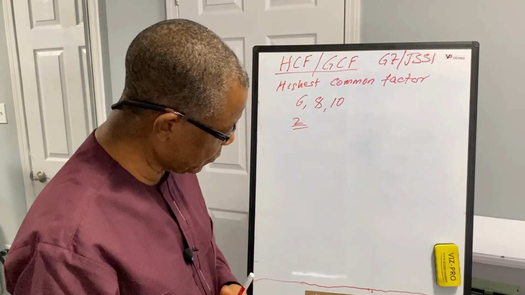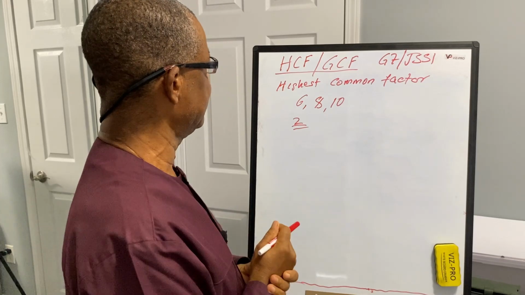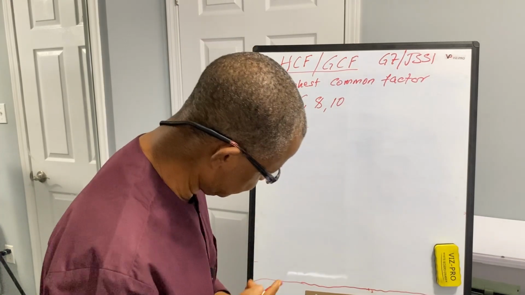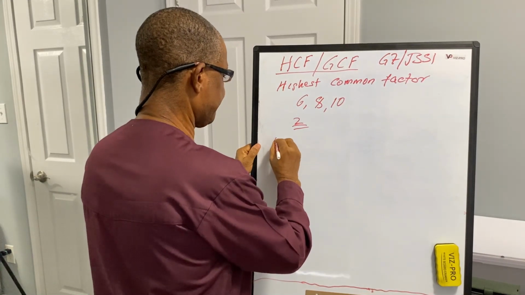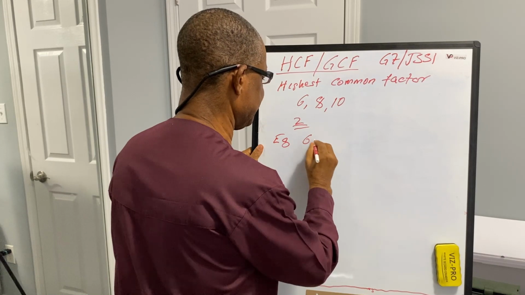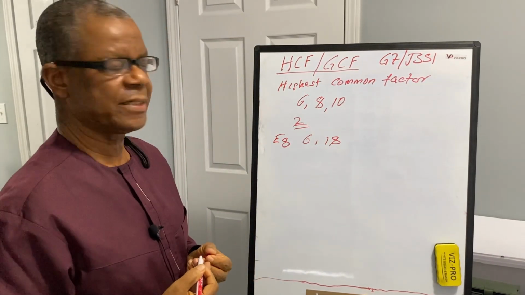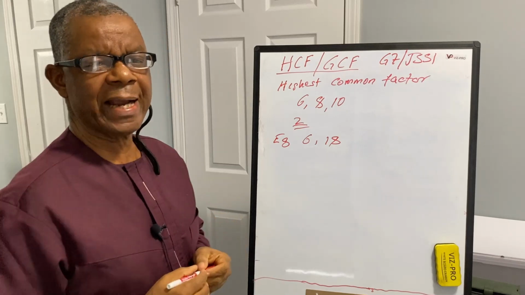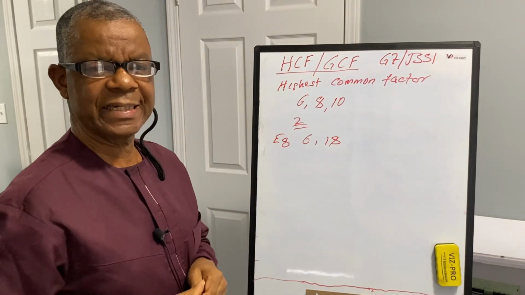Now, let us look at some further examples to buttress our discussion. Say we have 6 and 18. We are asked to find the HCF of 6 and 18.